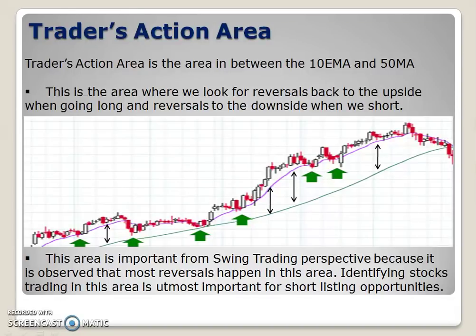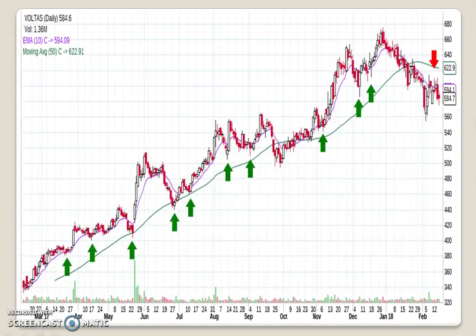Let us progress and try to understand with a few more examples. This is a daily chart of Voltas. This chart is again plotted in conjunction with an exponential moving average of 10 period and a simple moving average of 50 period.